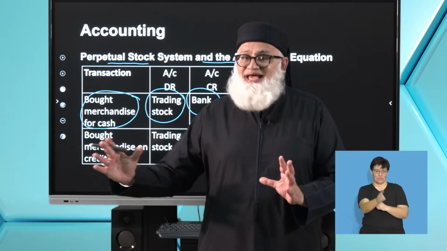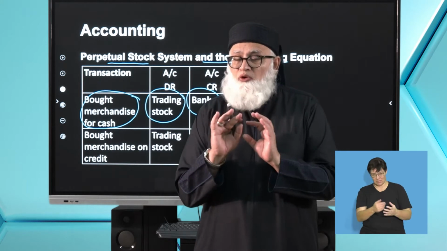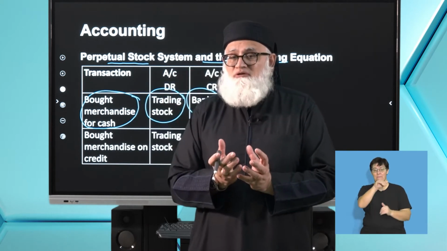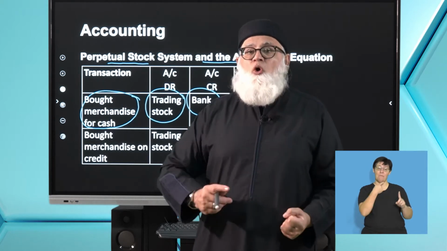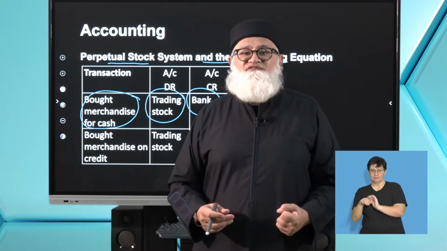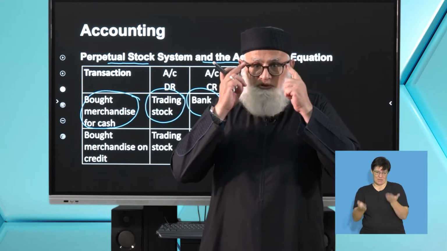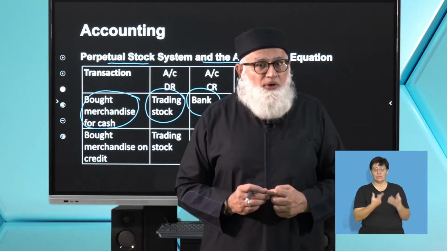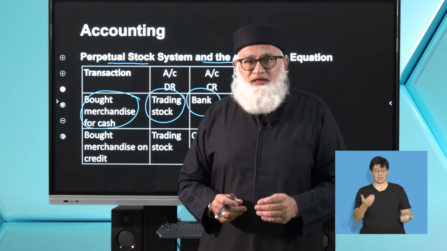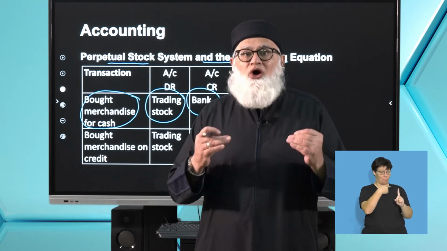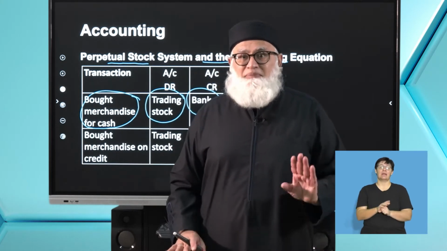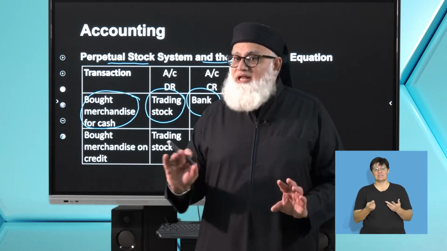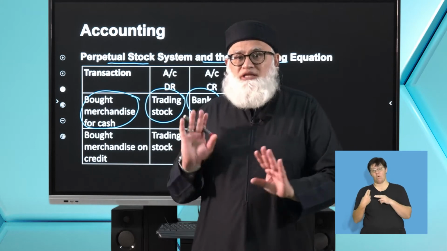This is just a side dish where we're talking about the bank account, where it could either be a favorable balance or an overdraft, an unfavorable balance. So very important, when you're doing the accounting equation component, check whether bank is favorable or unfavorable. It doesn't impact on debit and credit, but it impacts on whether bank is an asset or a liability. So we're assuming now that bank is favorable.